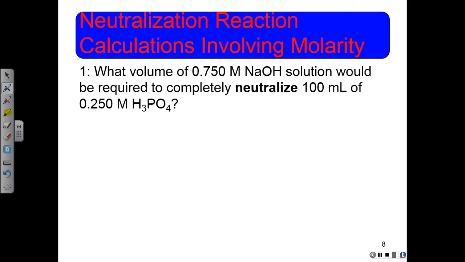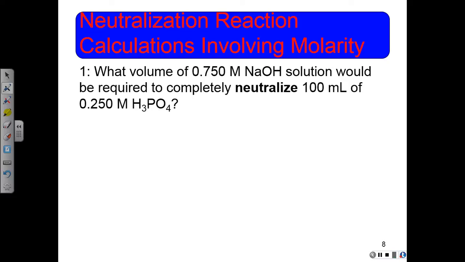All I want to find out is how much base I need to add to the acid for it to neutralize, to form a salt plus water. Just like our previous problem, where do you think we should start here? Are we going to be able to do much with our 0.750? No. We're probably going to start with our 100 mils, or 0.1 liters.